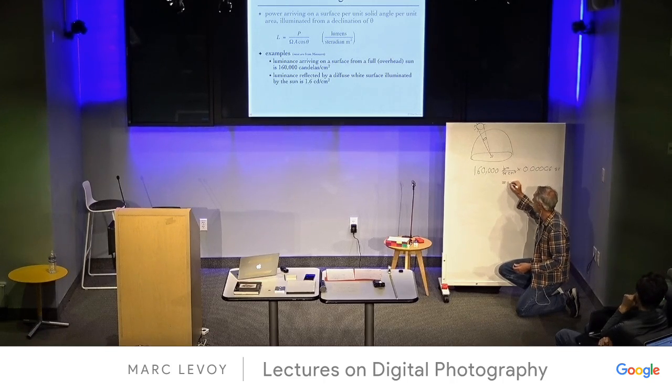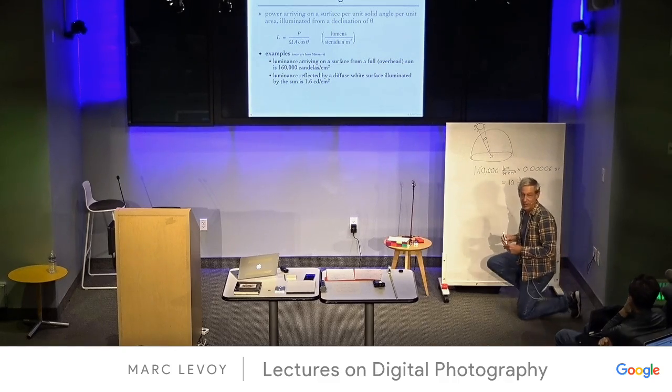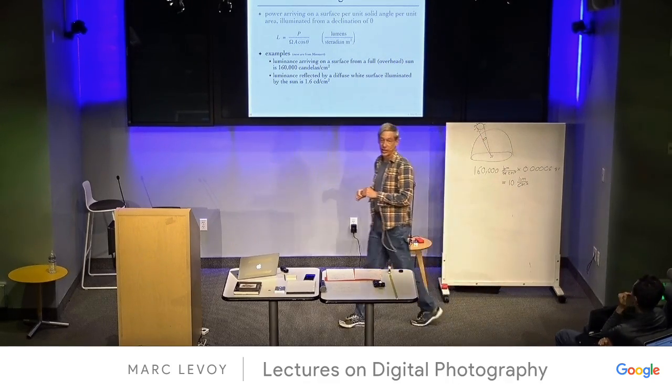If you do that, you come out with about 10 lumens per centimeter squared. That is the amount of light falling on the sidewalk.